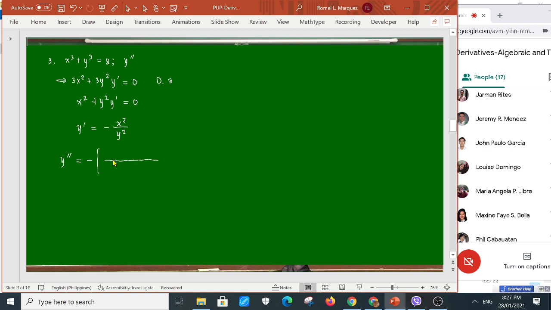O, the denominator, Rashid, the denominator, y squared, derivative of the numerator, 2x, minus the numerator, 2y, meron pa, remember, y prime, kasi differentiating relative to x na dinidifferentiate natin yung y relative to x.